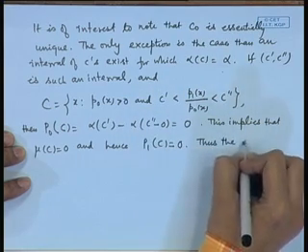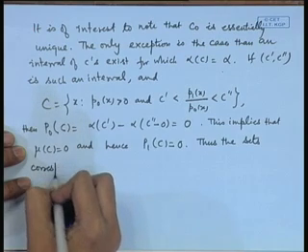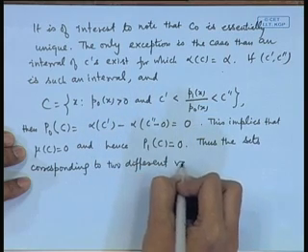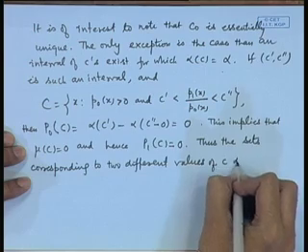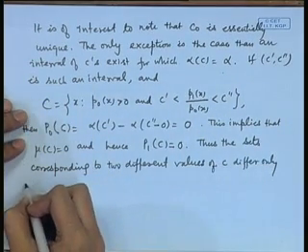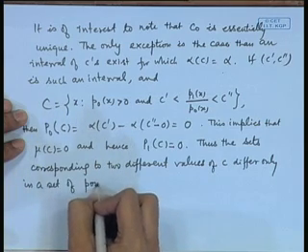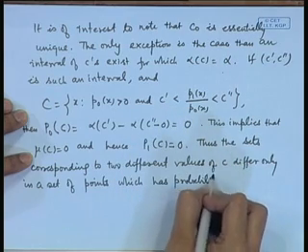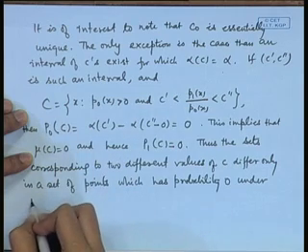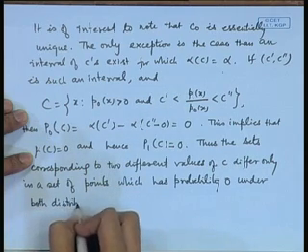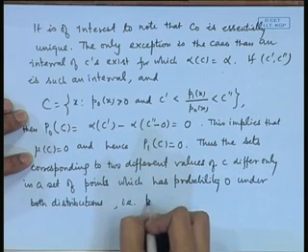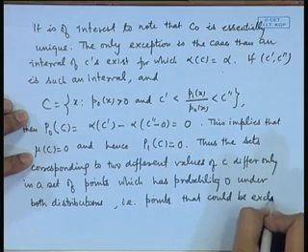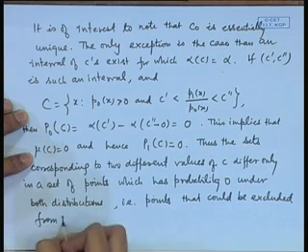Thus, the sets corresponding to two different values of c differ only in a set of points which has probability 0 under both distributions, that is, points that could be excluded from the sample space.